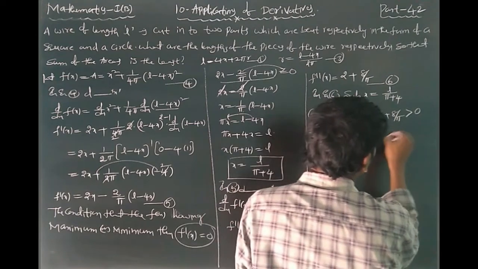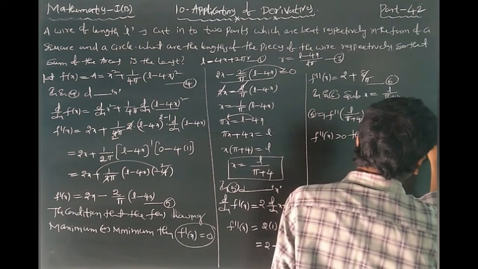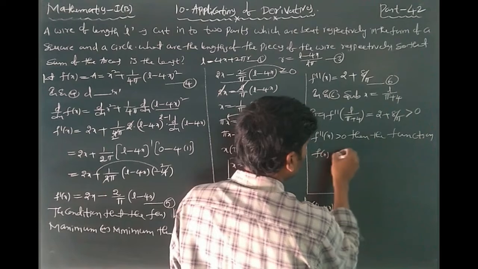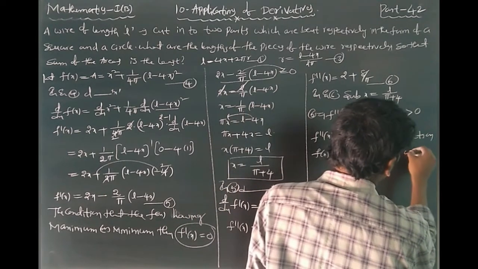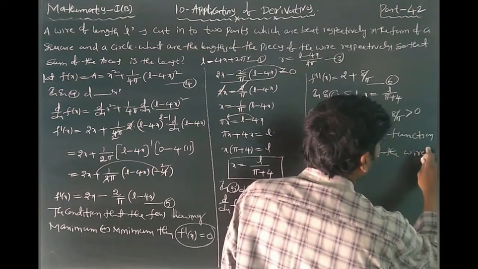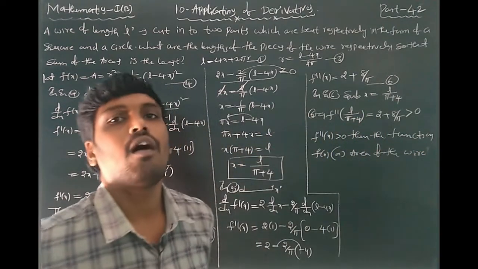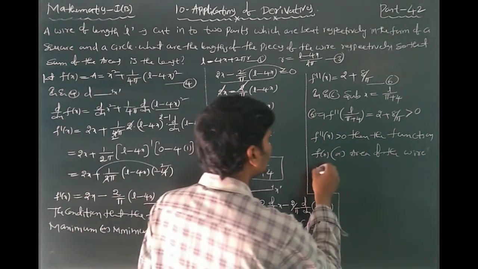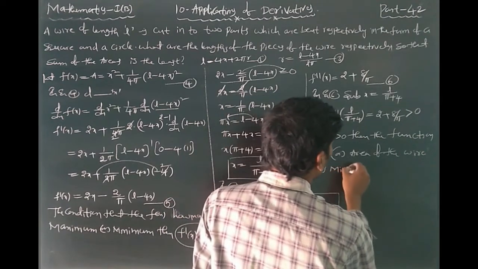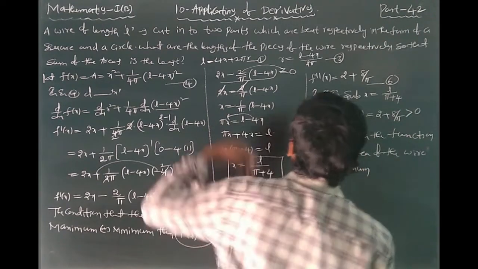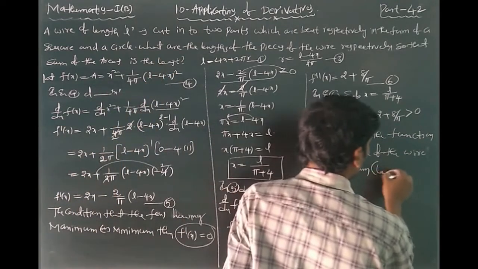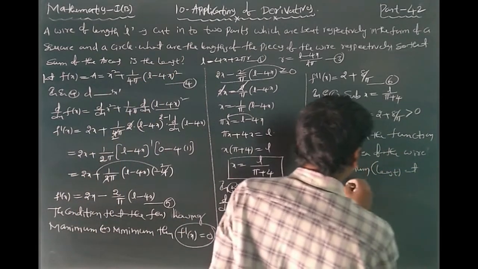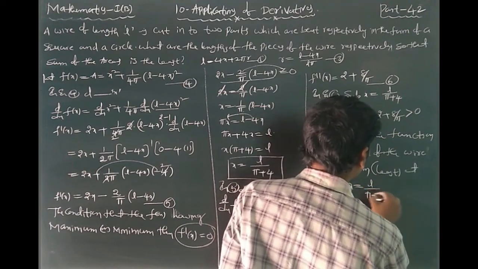Then the function f(x), the sum of the areas of the parts of the wire, is minimum or least at x equal to L/(5+4).